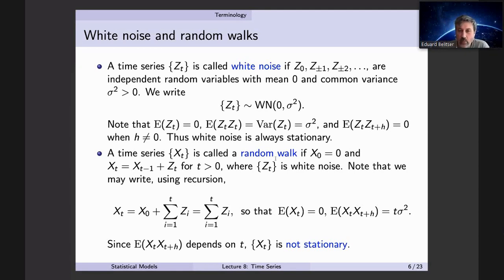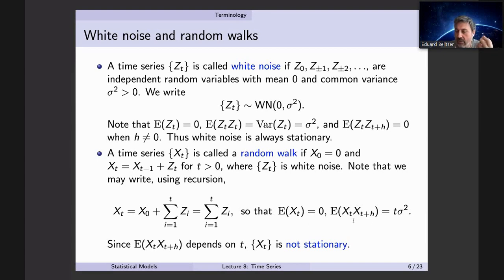A very simple non-stationary one is a random walk. You take white noise, and then you sum them all up: Z0 plus Z1 plus Z2 plus Z3. That's just cumulative white noise, basically. Let's check the first condition, the expectation of x_t. Well, it's 0, because the expectation of each Z is 0. So the first requirement is fulfilled, no problem. But the second is not.